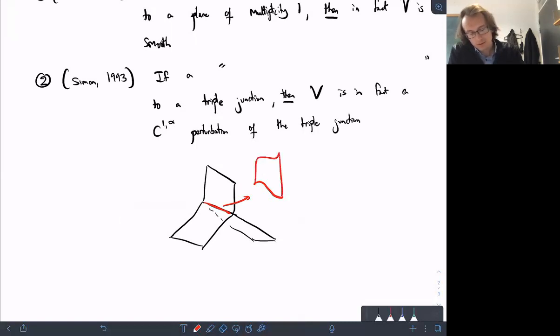So we get something that looks like a triple junction, but is slightly curved. So if we're close to a triple junction, V must actually be a perturbation of it. And in fact, the C^{1,alpha} regularity can be upgraded to smooth by a result from Brian Krummel.